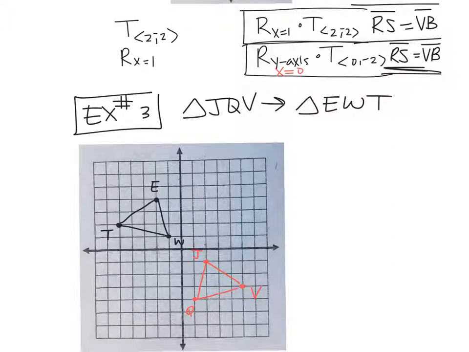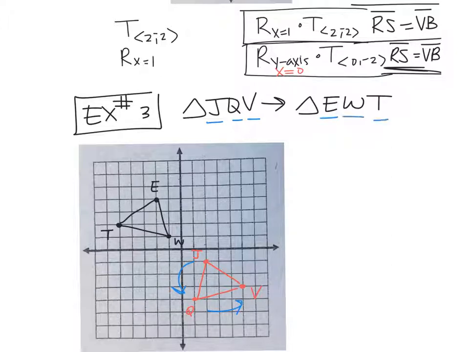First thing you should be looking at here is, remember, same orientation versus opposite orientation. If I'm saying JQV, so J to Q to V, what direction am I going? Clockwise or counterclockwise? That's counterclockwise, right?